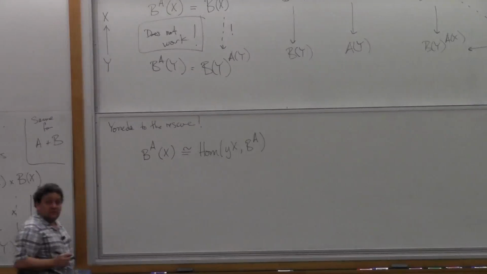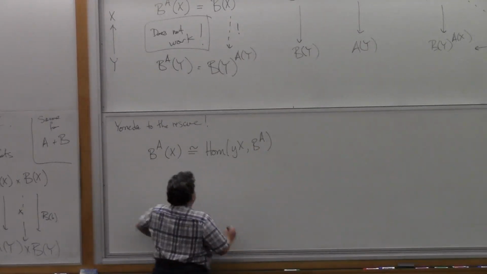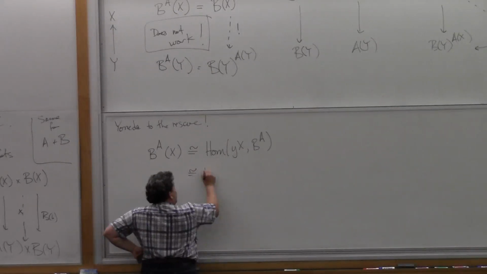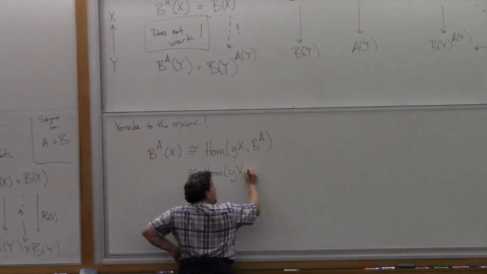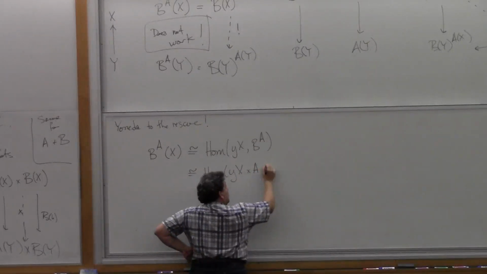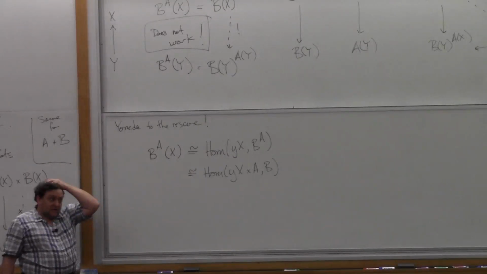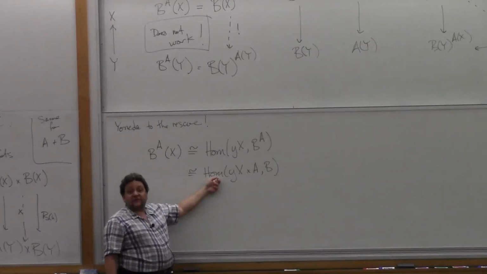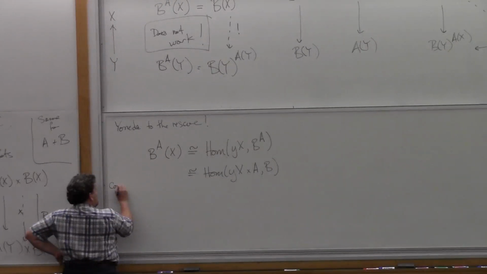So let's use it. If this is going to be an exponential, then that's going to be isomorphic to hom(yx × a, b). If it exists, it's going to be that. So let's see if that works. Does this give us a contravariant functor of x?